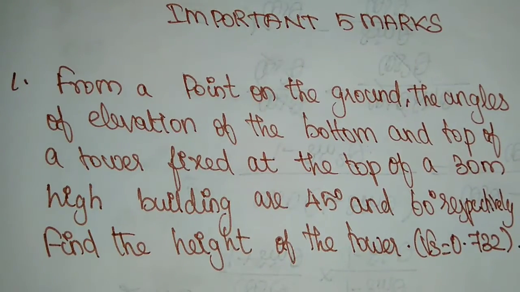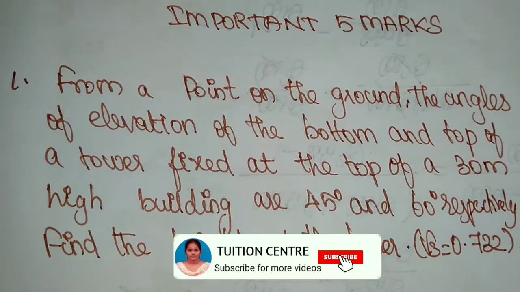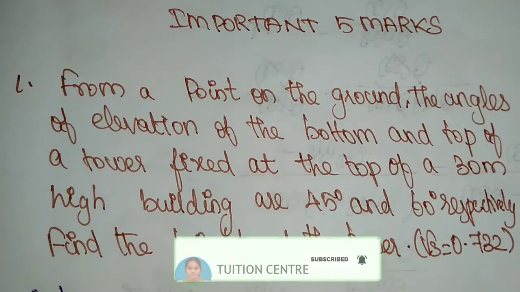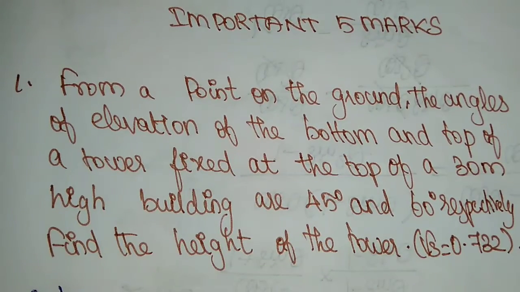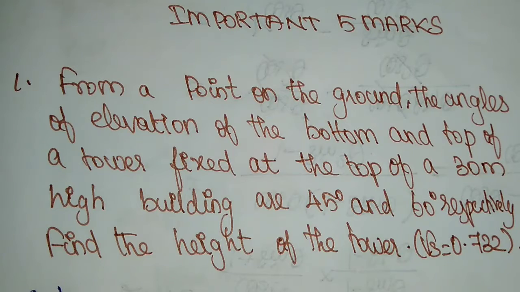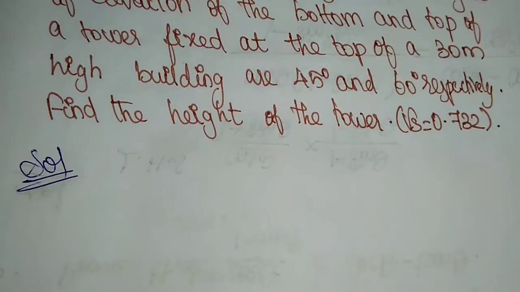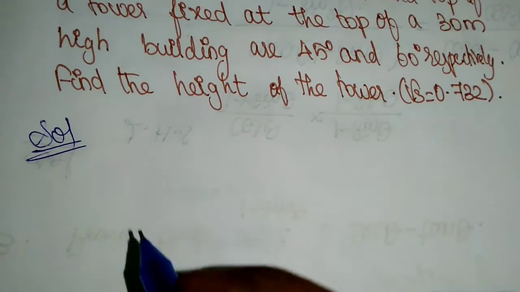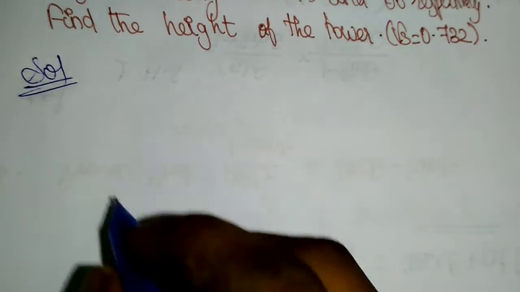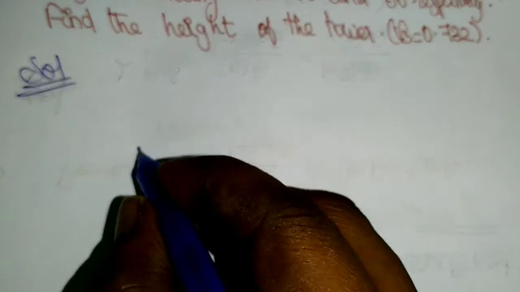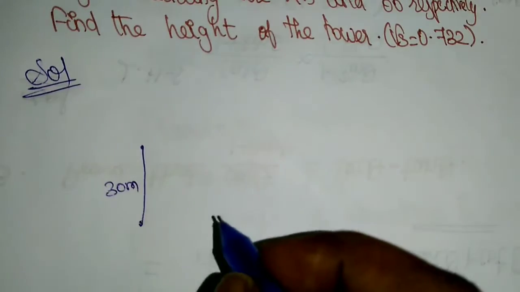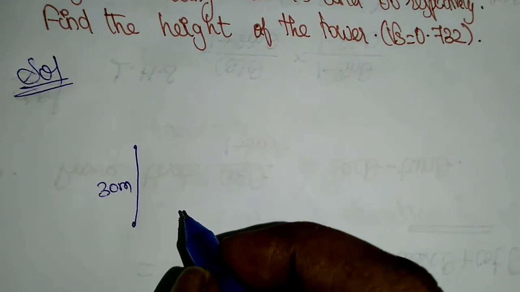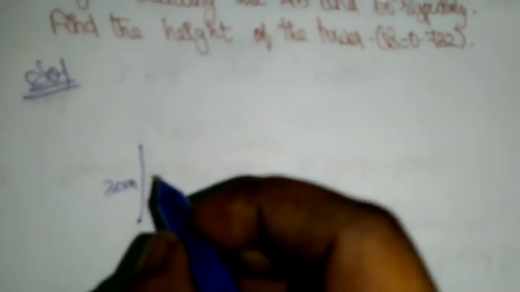Here we have to find the height of the tower, and they have given the angles of elevation from the bottom and top of the tower as 45° and 60°. Here, given from the point, the 30 meter building, the angle of elevation is 45°.